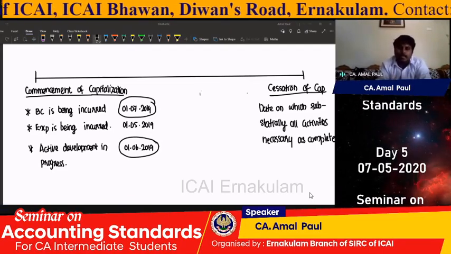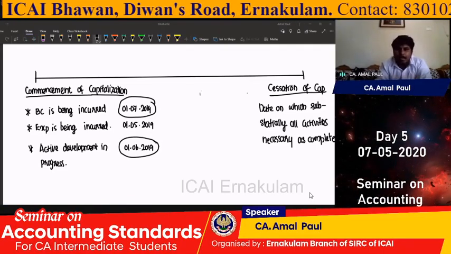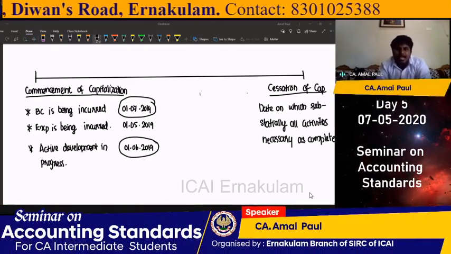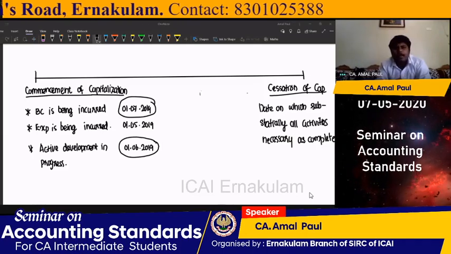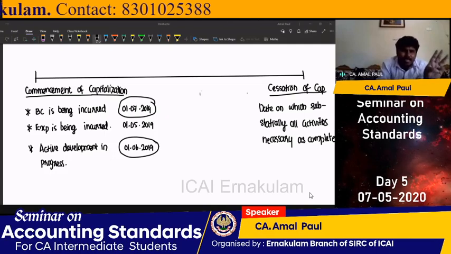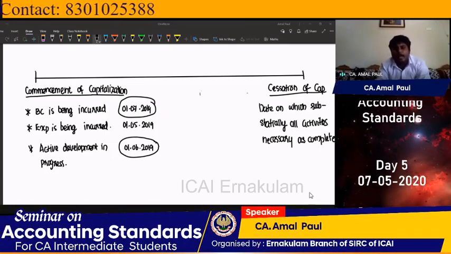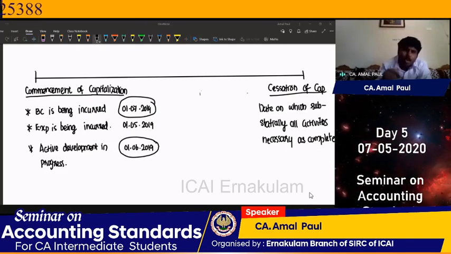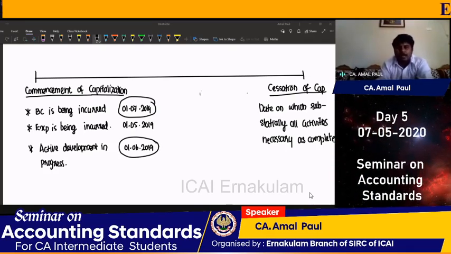Substantially all activities need to be completed. This is the case when it comes to your borrowing cost. We can capitalize from the date on which these three conditions are satisfied, and you should end capitalization when substantially all activities are complete.